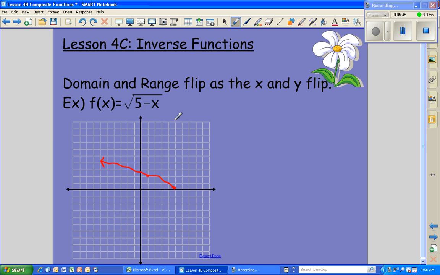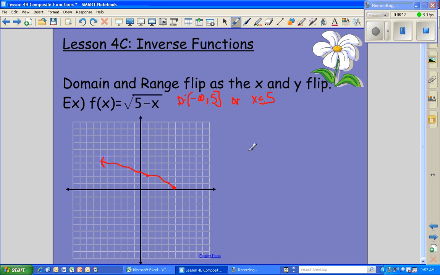All right, and if you look at this, your domain is from negative infinity to positive 5, or you guys can say x is less than or equal to 5.